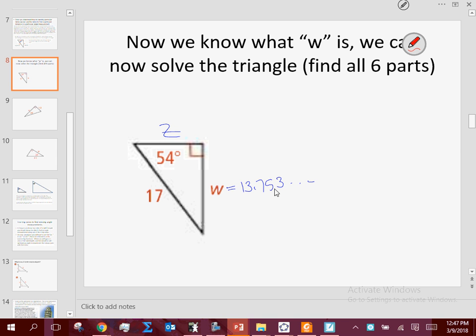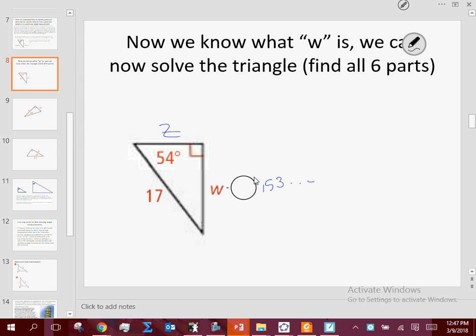I probably don't want to use that number in that format to help find Z, because I'm going to have to round it. And if I use that rounded number to find Z, did I really find Z, or did I find something close to Z?